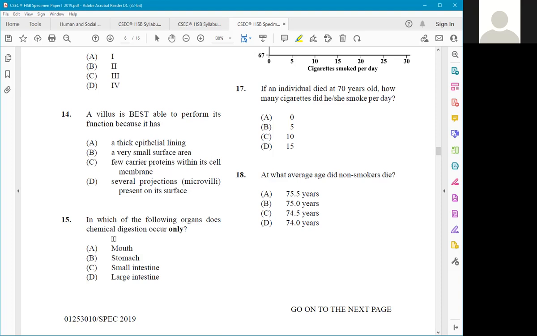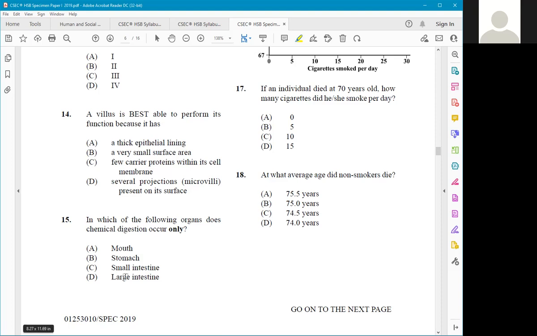It can't be the mouth, because with chewing, and that's physical digestion, we break down things physically. In the stomach, no, because the stomach makes churning movements to mix and actually squeeze and squish the material physically.